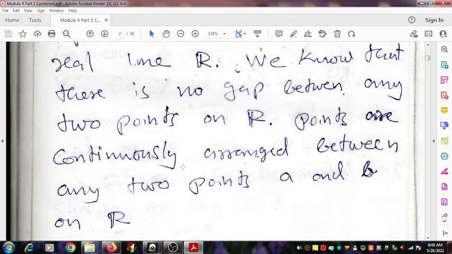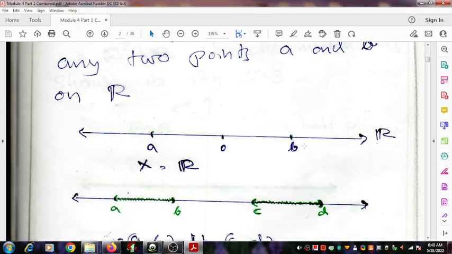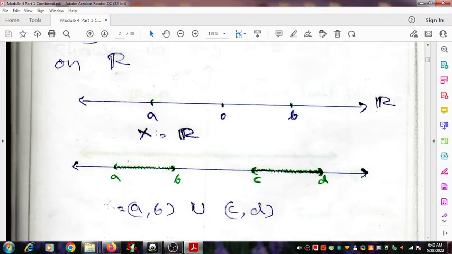That's illustrated here. See the figure. In this figure, we have a real line, and we take two points A and B on this line. And you know that no point is missing from this real line.